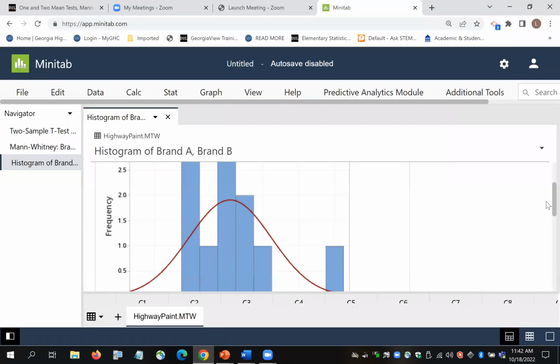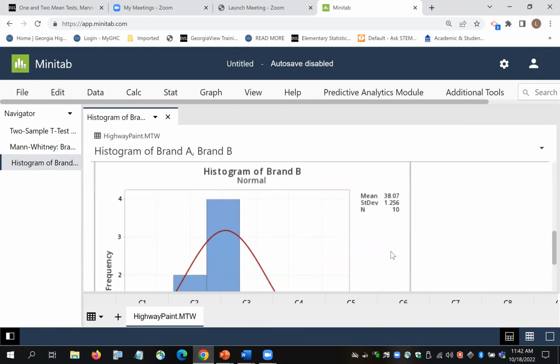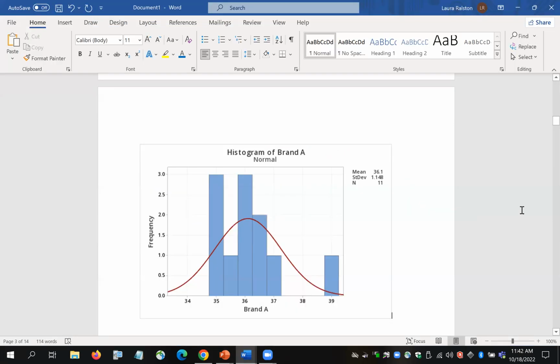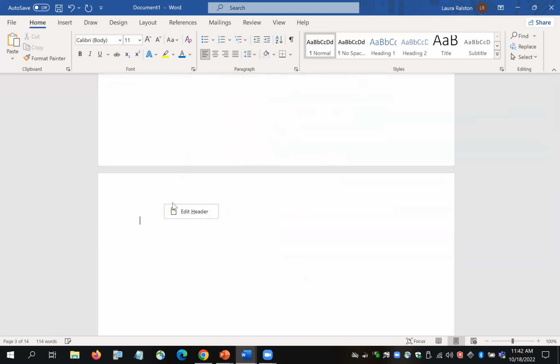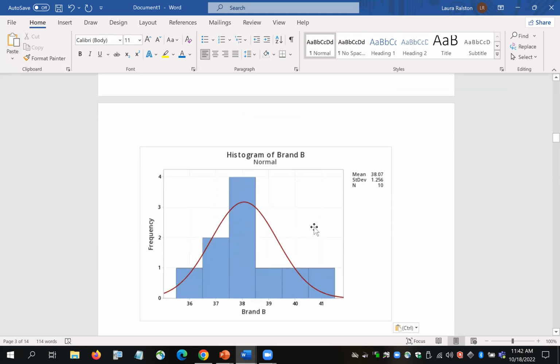If I look at brand B, okay, again, brand B puts in that curve. It might be closer to being normal because I've got that normal curve in there. Maybe.